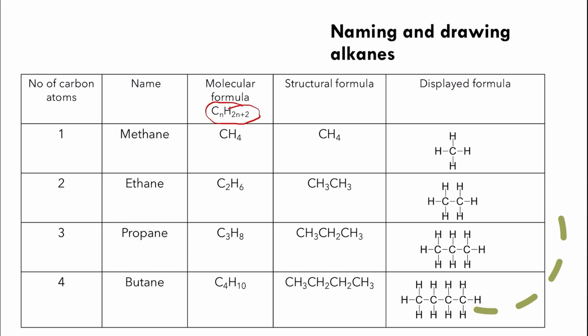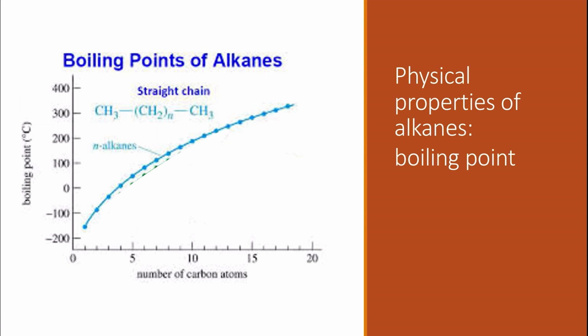This is the structural formula for the different compounds and how to draw them using the displayed formula. As you can see, you have to draw all the different elements within the compound with their bonding. Remember that when you draw any compound, a carbon atom must have four different bonds. Here for methane it's only with hydrogen, for ethane it's one with another carbon atom and then with hydrogen, and so on.